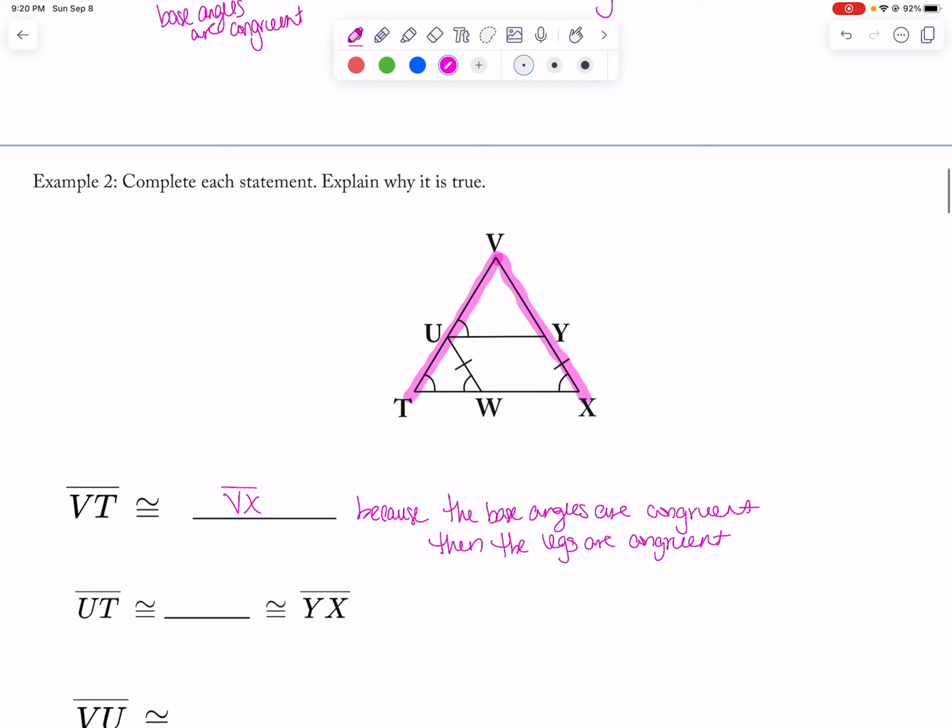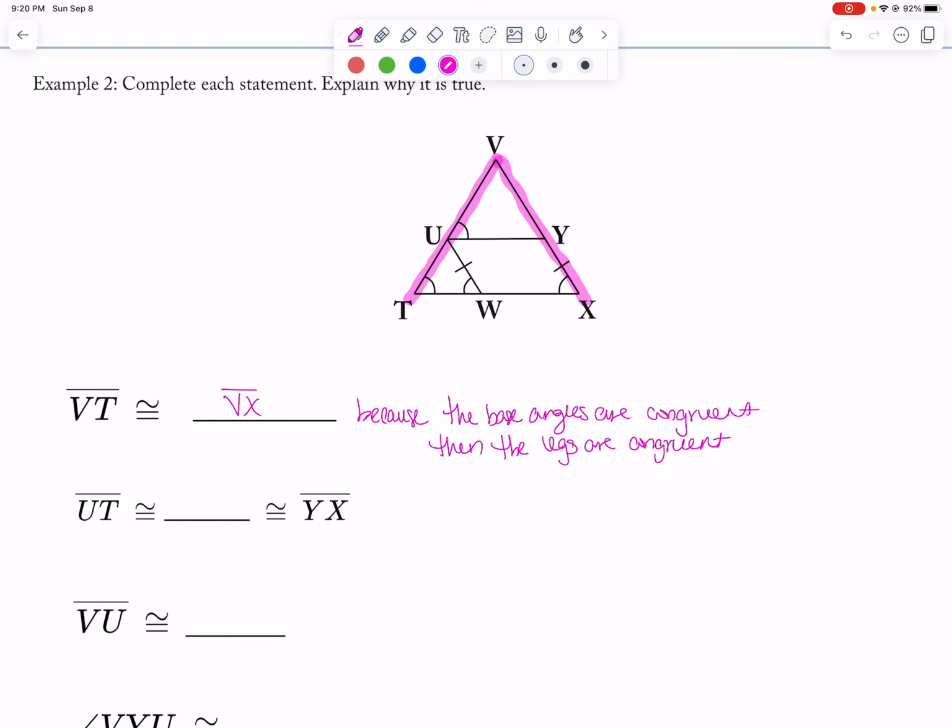My handwriting is terrible tonight, I apologize. Okay, so UT is congruent to YX, which is congruent to UW.